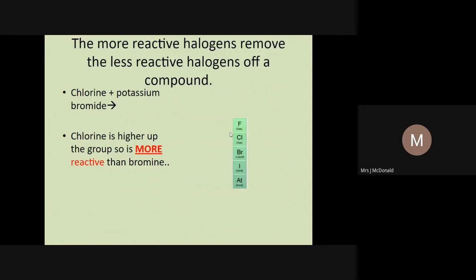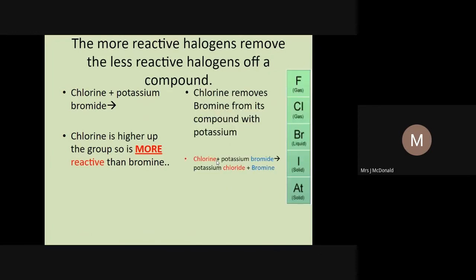But if we look here, chlorine is above bromine. So chlorine is more reactive than bromine. So that means that when this reaction happens, chlorine, the more reactive, removes bromine from the compound with potassium.